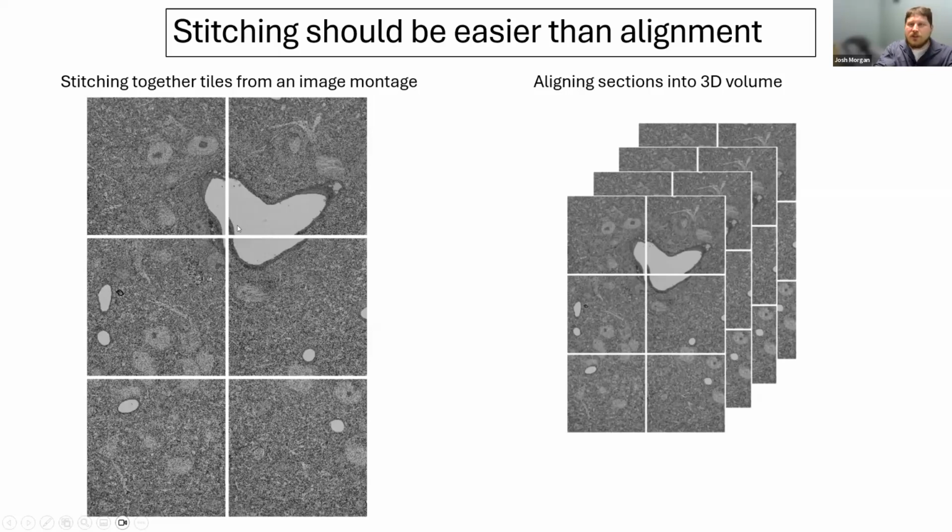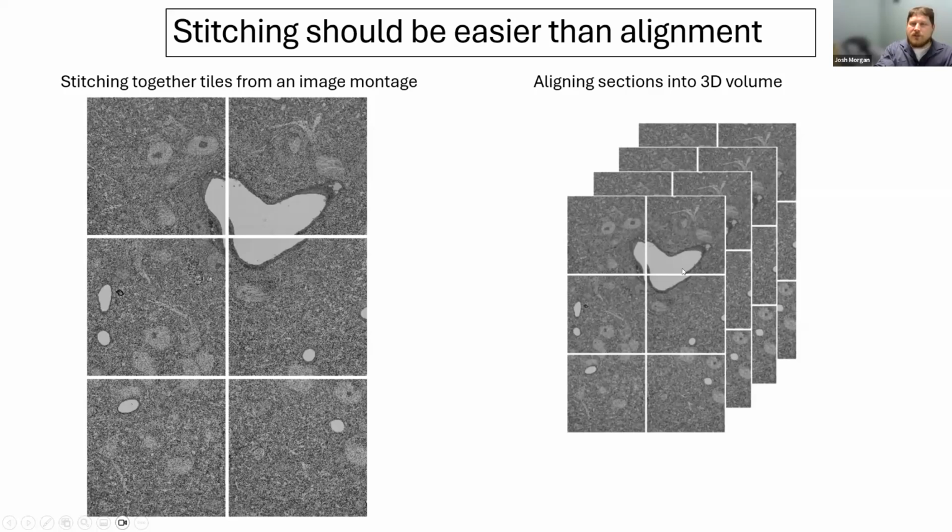So the matching problem is really simple because it's basically two identical images that just need to be fit. And the actual transform you have to find is also pretty simple. It's usually just a little bit of wiggle in X or Y to make up for some stage variation on the nanometer scale. So this normally should be okay. If you're having problems with this, you probably want to look at something being wrong with your microscope rather than an image processing issue.